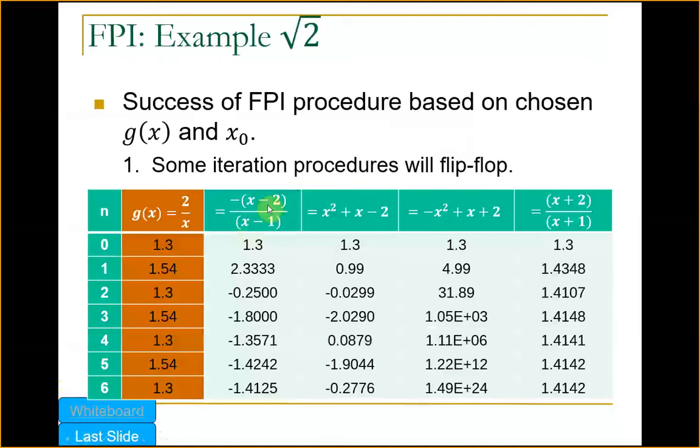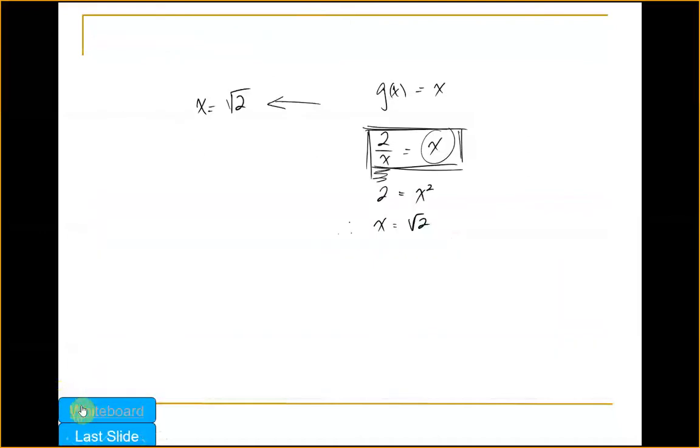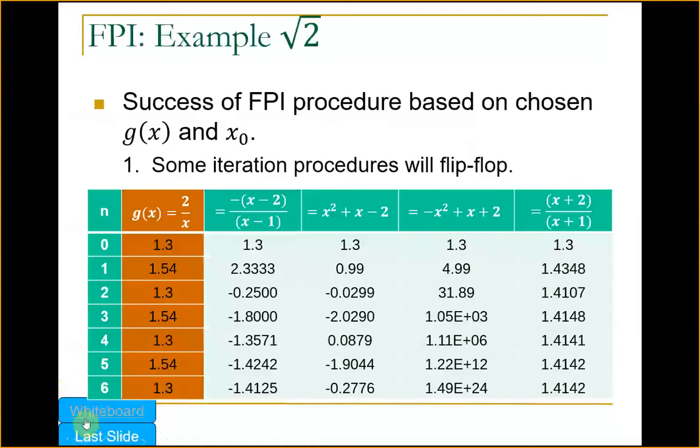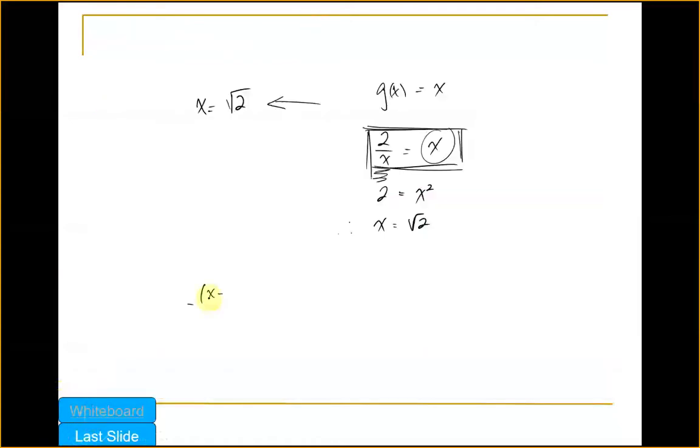There's another option. g of x is minus x minus 1 over x minus 2. Let's see if that's still true. So go back to the whiteboard. So g of x is minus x minus, what was it? x minus 2 over x minus 1. We're saying that g of x equals x.